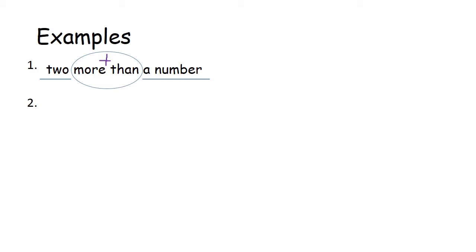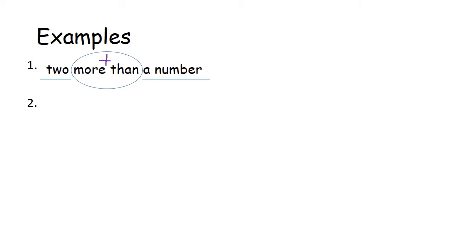Now let's start with two examples that can help us understand what the translation of a statement into a mathematical or algebraic expression looks like. So I'm going to start with 2 more than a number. More than, we know that the statement more than means addition. We have the word 2 before more than, and the words a number after more than.